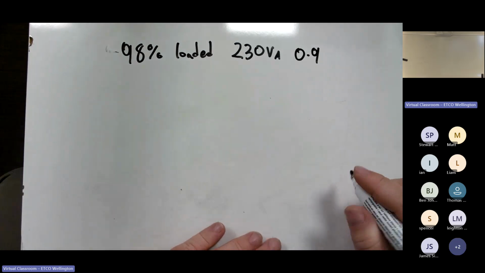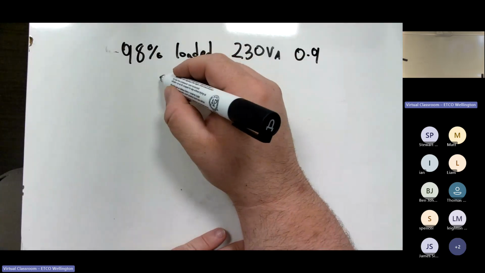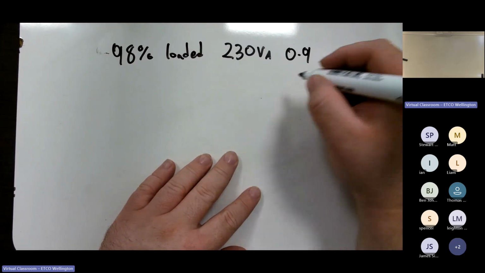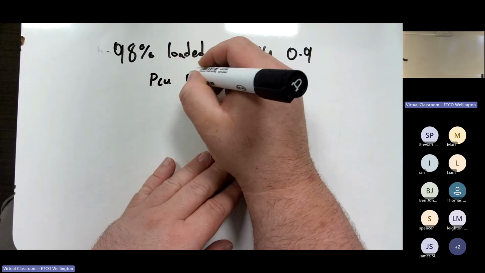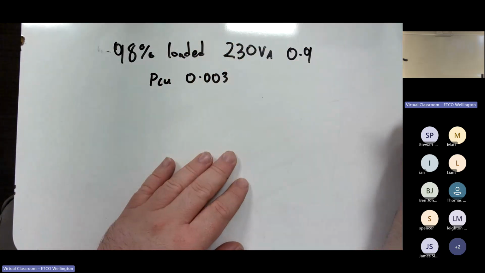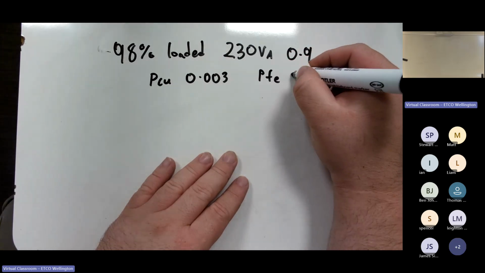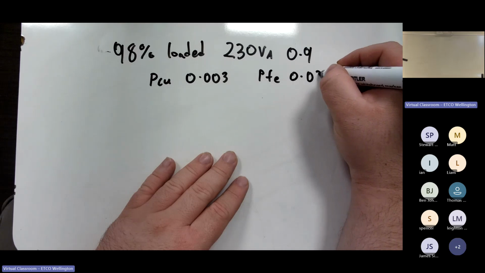The copper losses, PCU, are 0.003 and the iron losses, PFE, are 0.03.